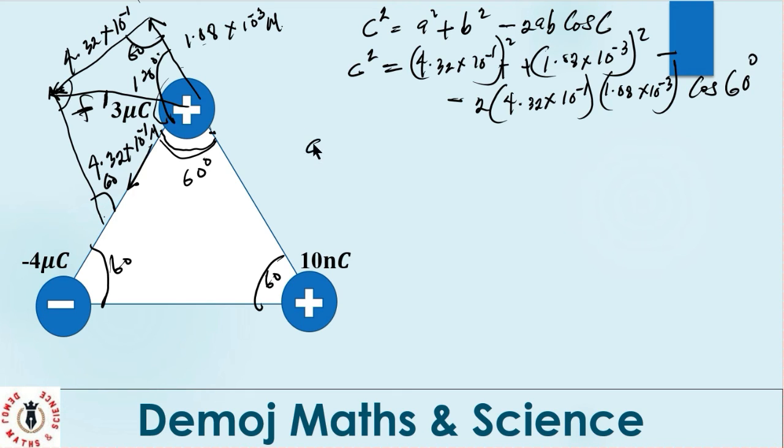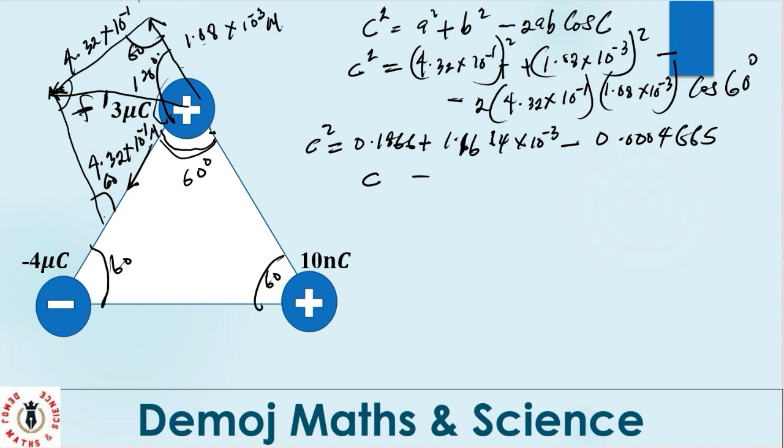So c squared will now be the same thing as 0.1866 plus 1.1664 from my calculator times 10 raised to the power minus 3, minus 0.000465.